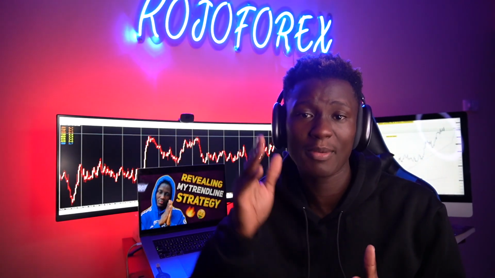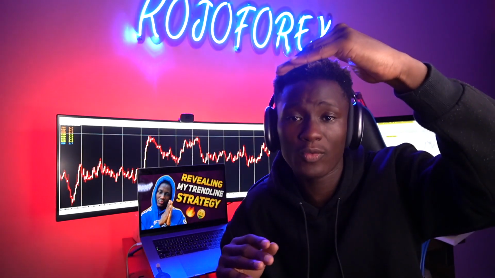So the market can be bouncing on the trend line, holding on that level as a support level, or holding on that level from the top of the range as a resistance as well. So if you know how to apply it principally and mathematically from what I'm going to be showing you, you can have an insane edge on the market and trade this market even with a trend line alone.